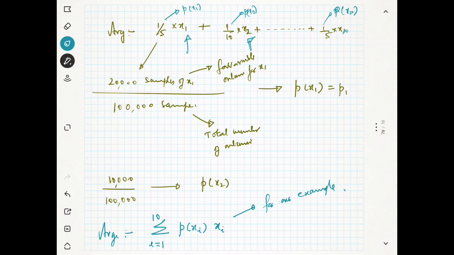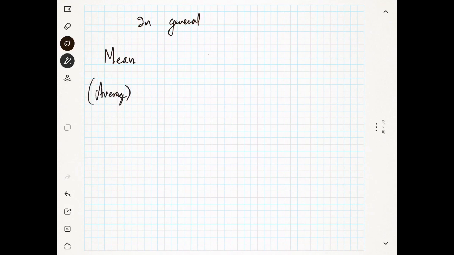So in general, I can find the mean. Mean is also known as the average, or I can say the DC content. In signal processing, we call it the DC content.